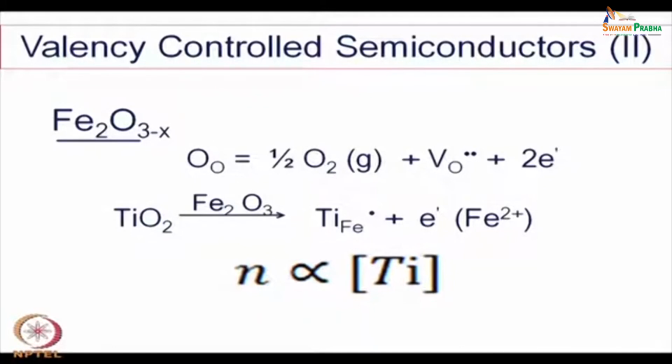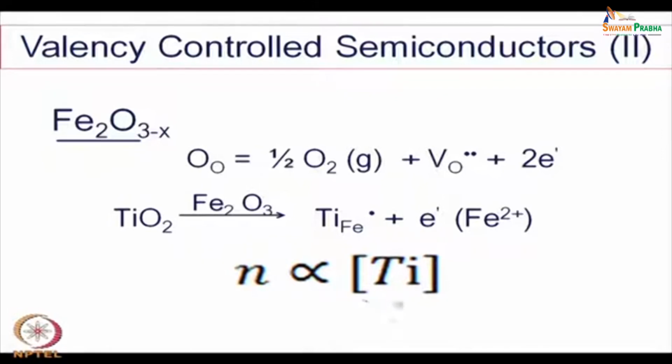Right. So, Fe 3 plus, which was Fe 3 plus originally, has gone to Fe 2 plus by adding one electron. So, this concentration of electrons is actually proportional to the number of titanium atoms added. So, once again, the earlier example was a p type conductor controlled by the addition of impurities.